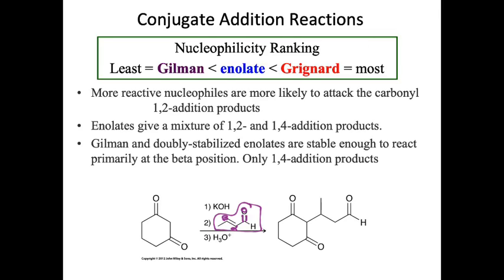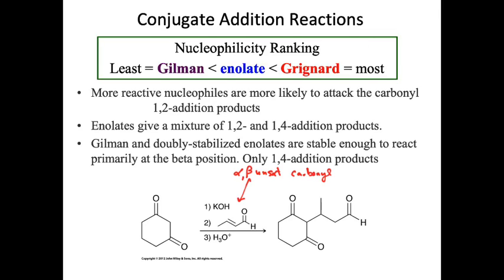What are we doing in this bottom reaction? So first, right out of the gate, what do we have here? An alpha-beta unsaturated carbonyl. So we are reacting an alpha-beta unsaturated carbonyl, which means don't use an enolate. Where's the reactivity of this molecule?